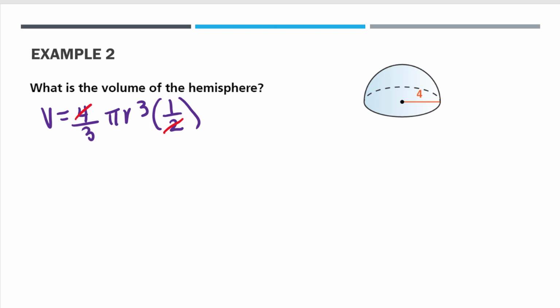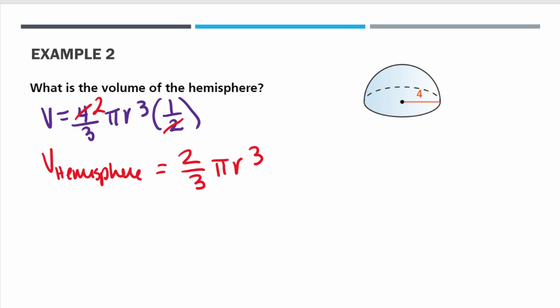So the denominator of 2 goes into 4 2 times. So the volume of a hemisphere is actually the equation of 2/3 pi r cubed. So you can memorize that, or you can just find the volume of a sphere and cut it in half. Whatever makes sense to you.